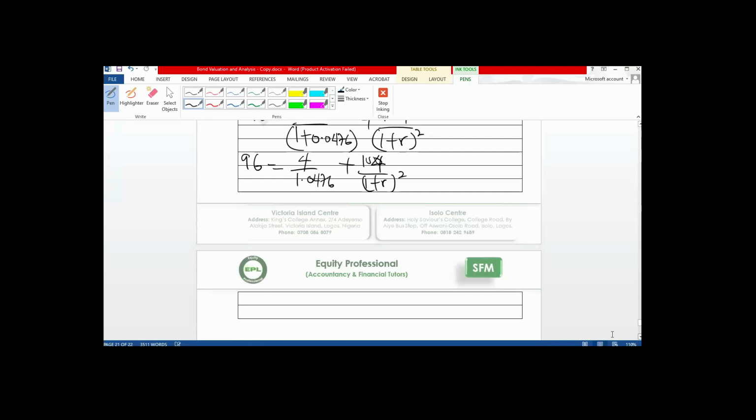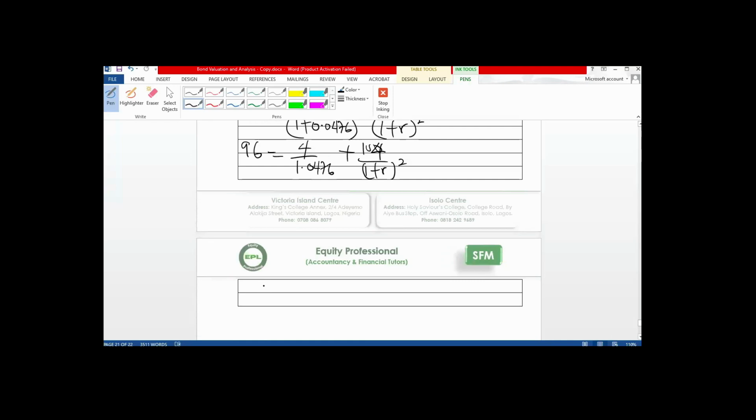What do we have? 3.818. Plus 104 divided by 1 plus R raised to power 2.